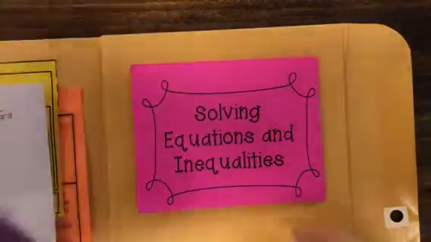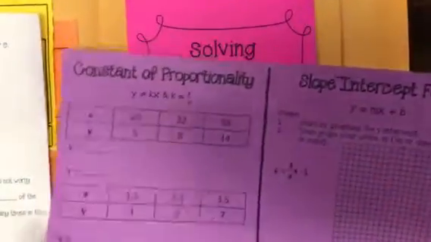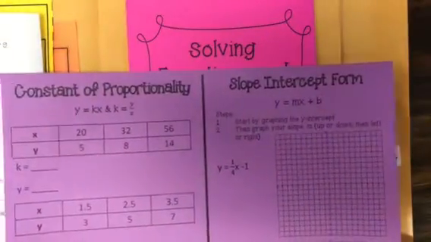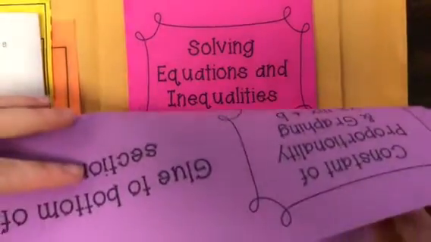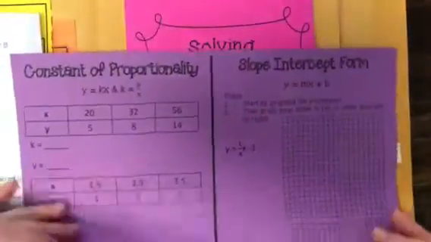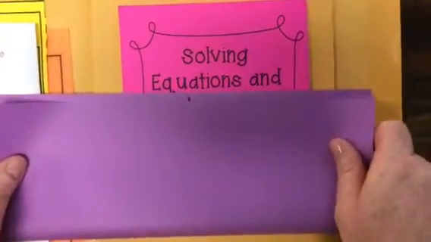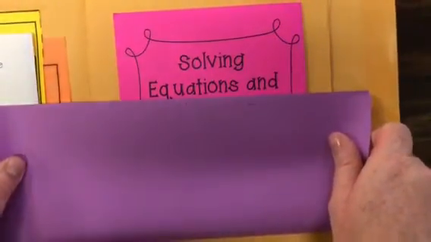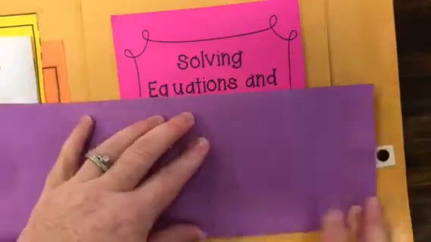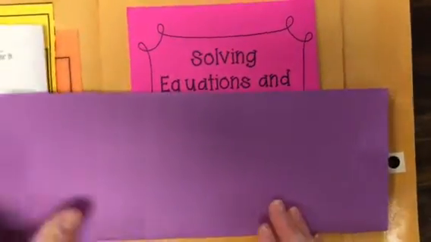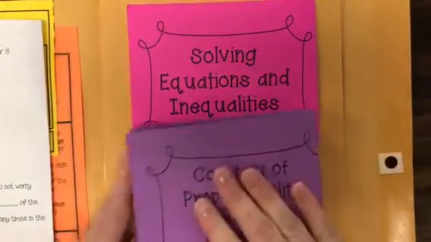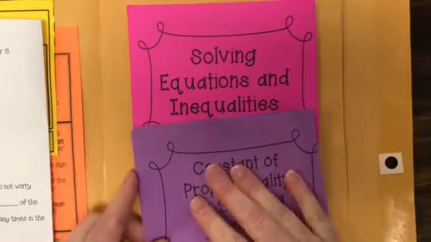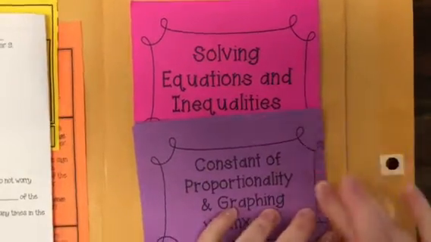Our next one is going to be the bottom of section 2, and it's constant proportionality and graphing. Remember what we did a while ago. See how it has that on the back? We're going to fold the bottom up to the top. And then we're going to go right to left.